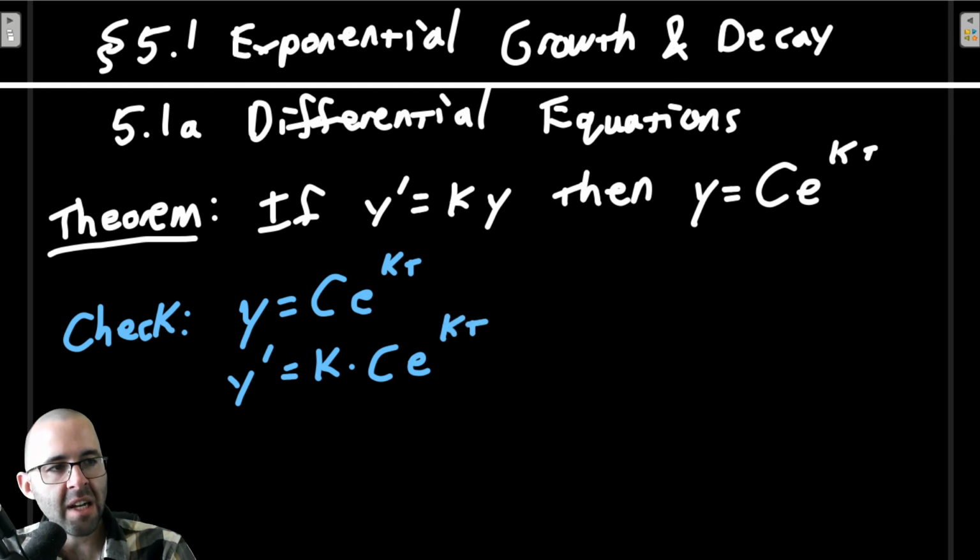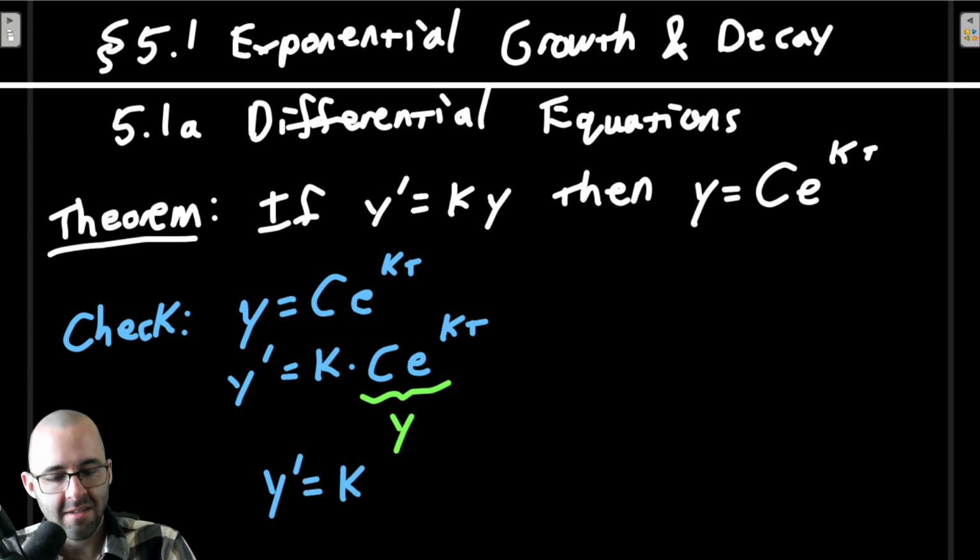The derivative of an exponential function is itself multiplied by the derivative of the inside. Derivative of the inside is k. Well, this is y. So we really do have that y prime is k times y.